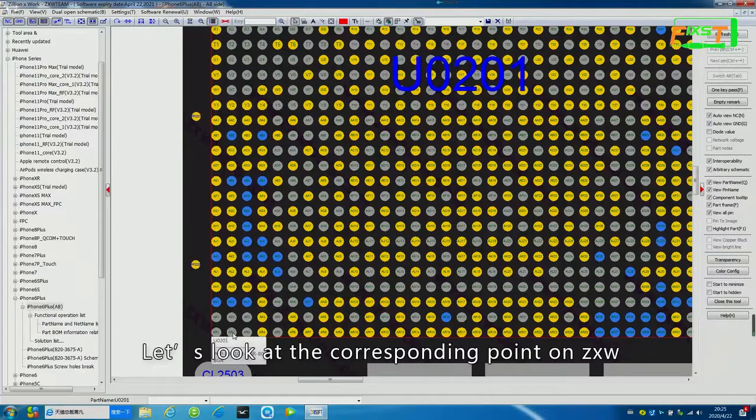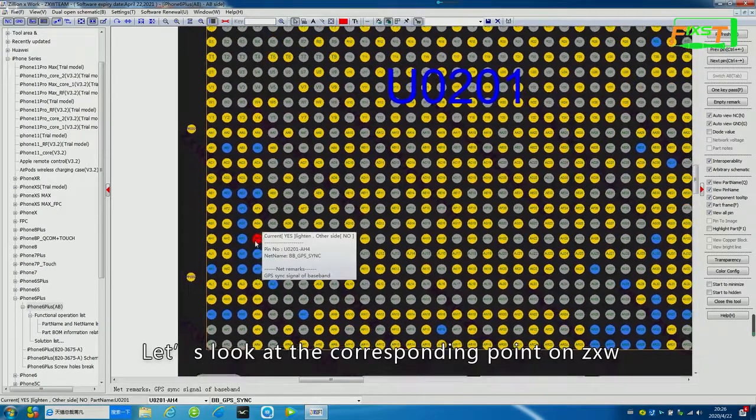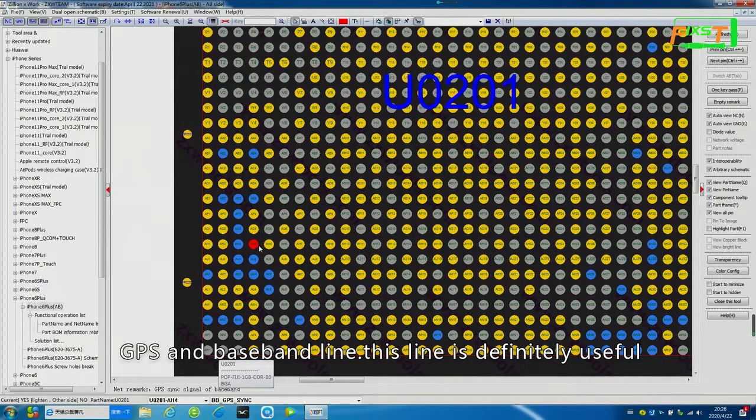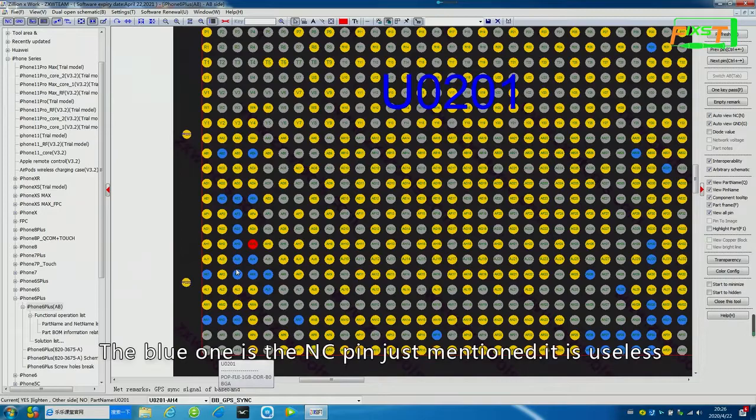Let's look at the corresponding point on CXW. This is the GPS line. GPS and baseband line. This line is definitely useful. The blue one is the NC pin just mentioned. It is useless.